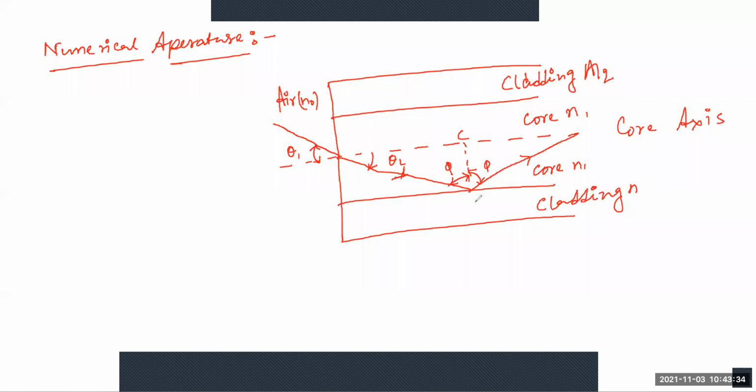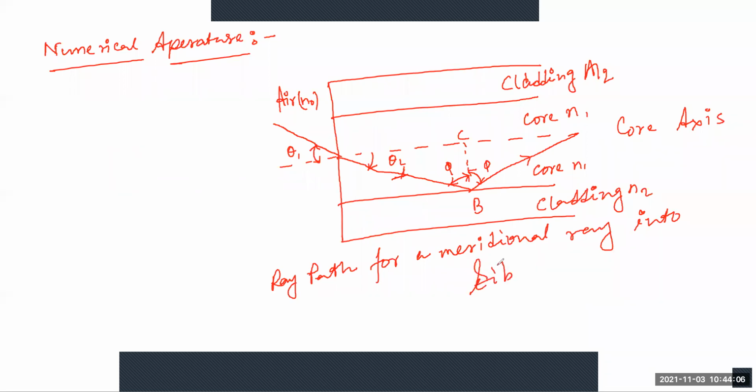This is the point B. And here this is the ray path for a medium ray into fiber where phi 1 is greater than phi a.